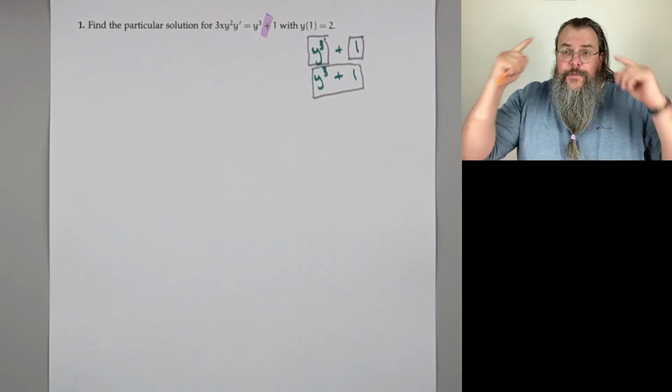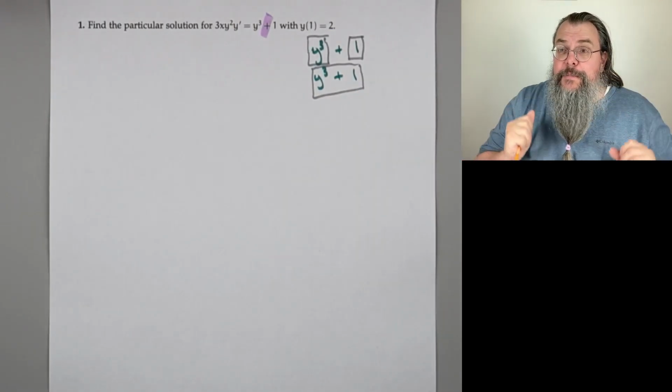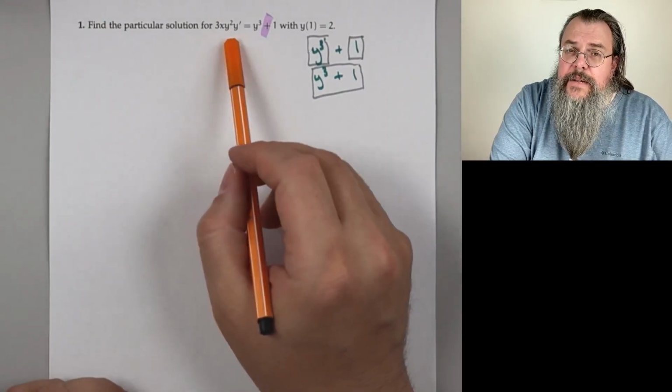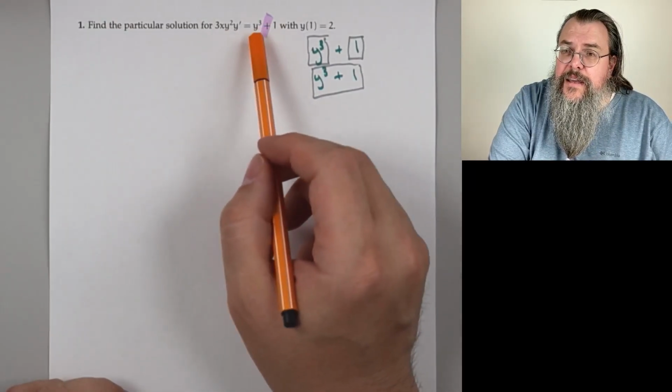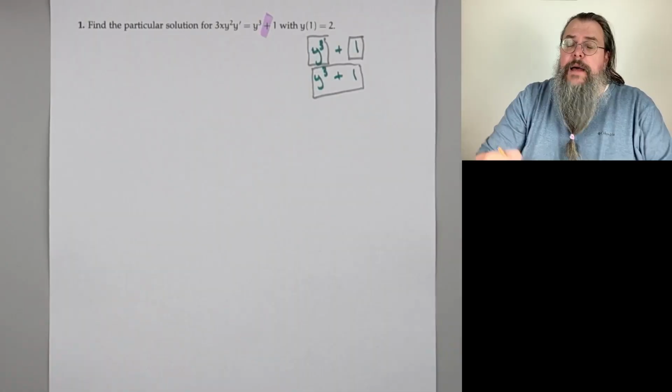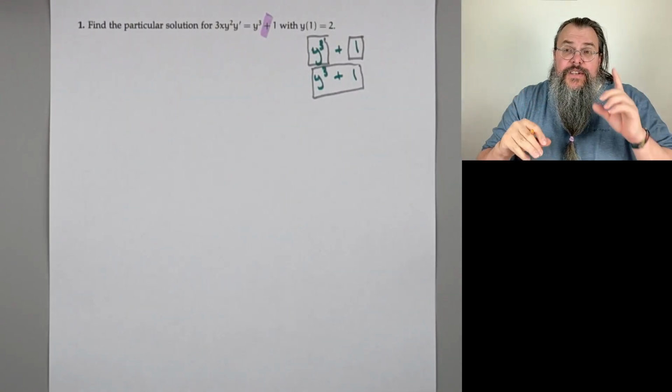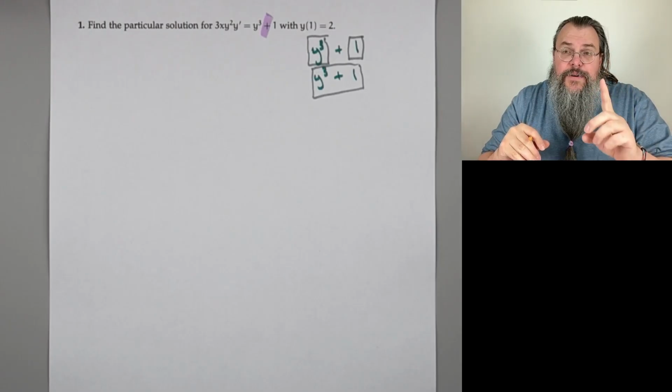Well, now a new light bulb emerges. And we say, hey, I've got a lot of stuff multiplying equals essentially one thing. And that says lots of multiplication. And lots of multiplication says think separable.